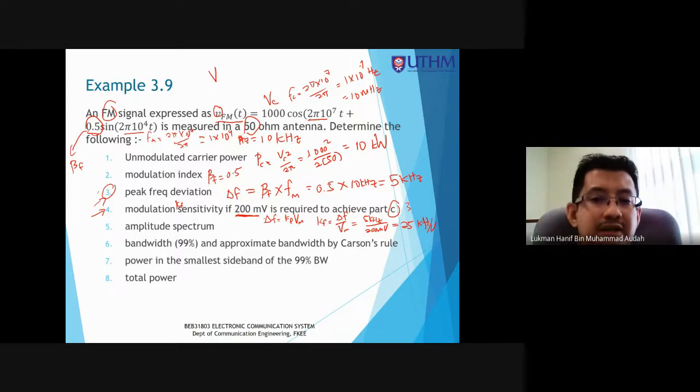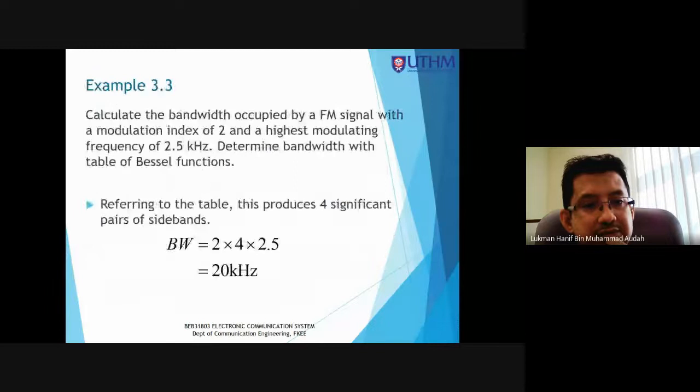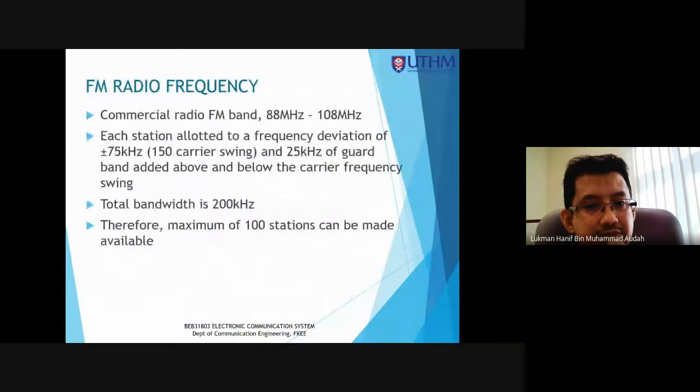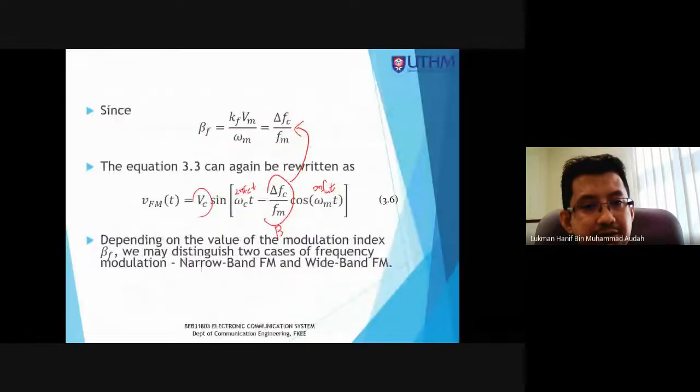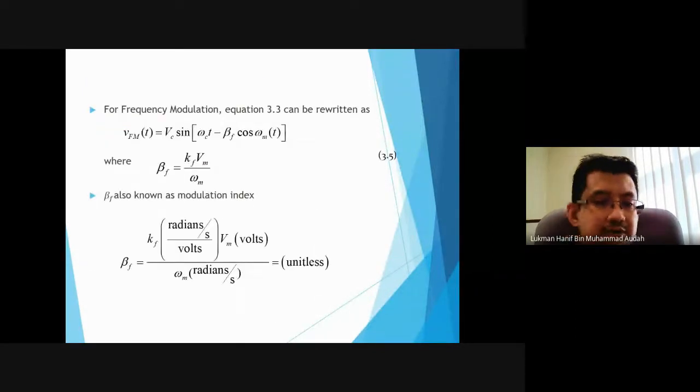Previously you learned that Kf can also be in units of radian per second per volt, if you multiply by 2 pi. If you multiply both above and below with 2 pi, you get radian per second per volt. This is stated in the previous slide, let me flash back.